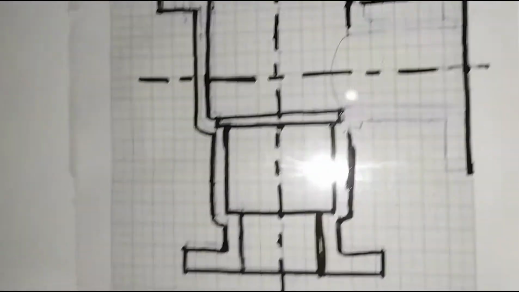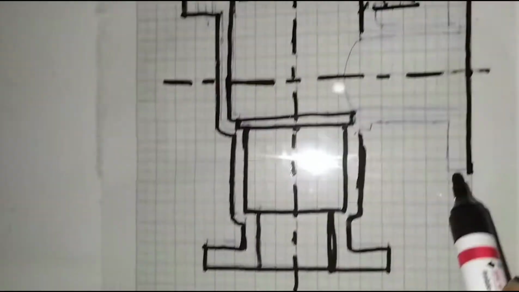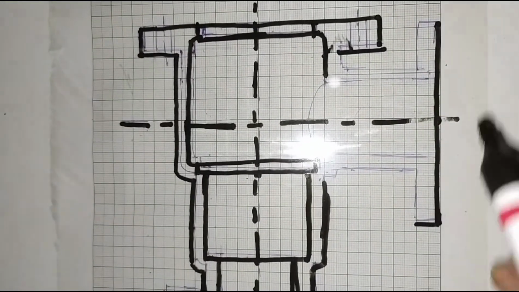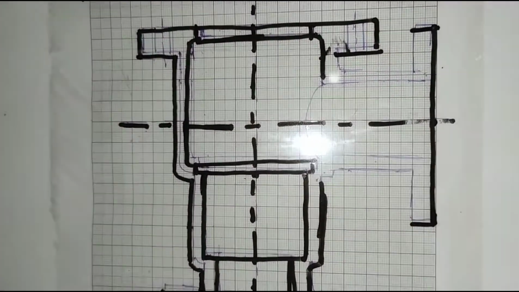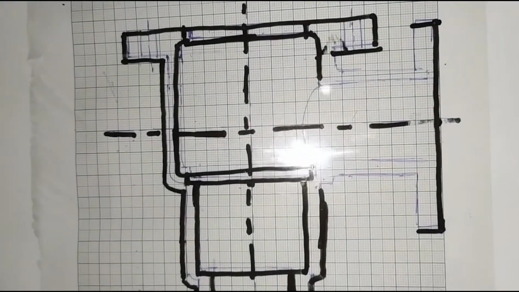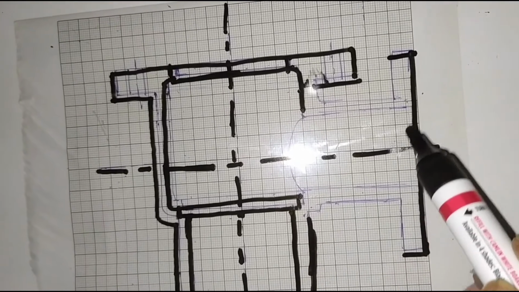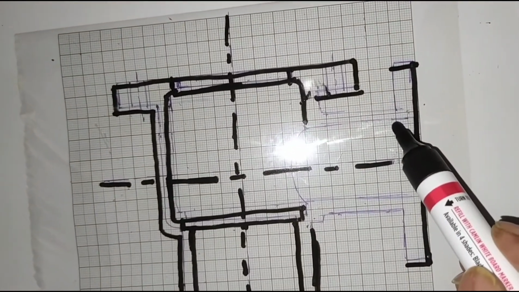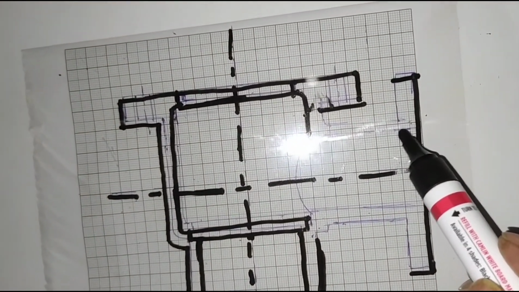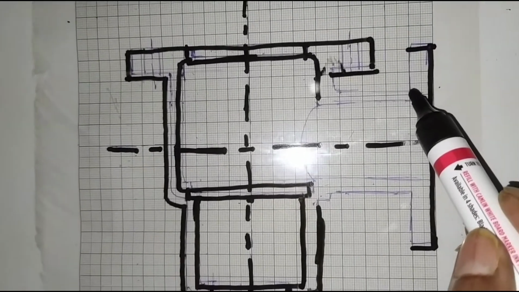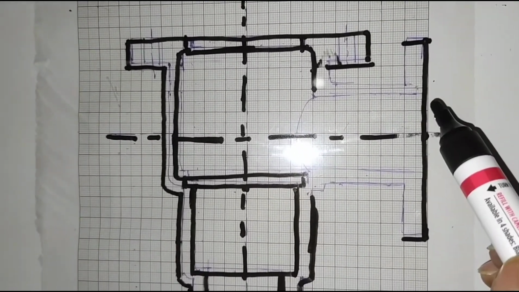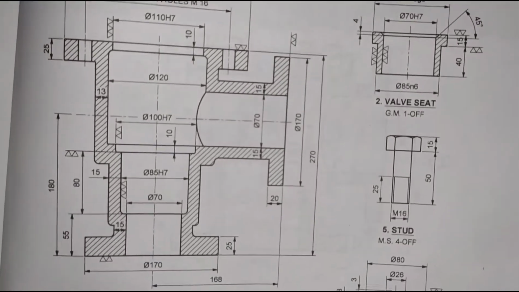What is the thickness here? 20 mm. What is the thickness of this cylinder? The horizontal cylinder is 15 mm. I will take the internal diameter, which is 70 mm.